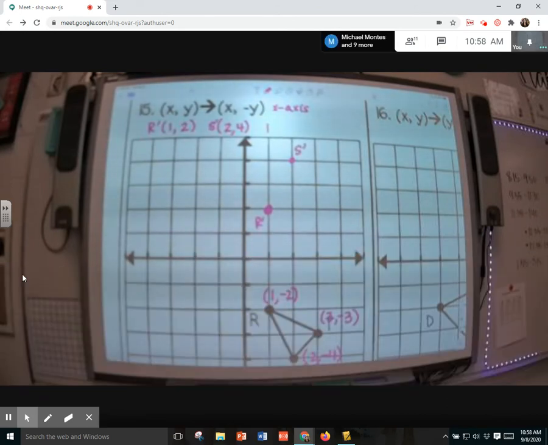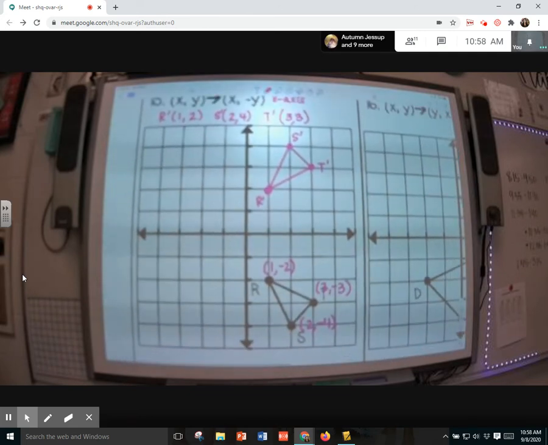And then my T prime is at 3, +3. So I reflected my shape over the x-axis. And don't forget to label your points.